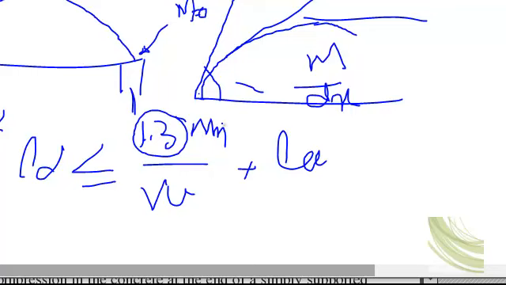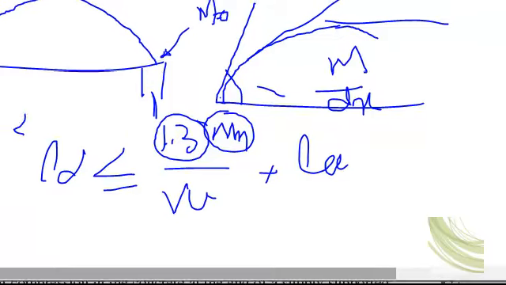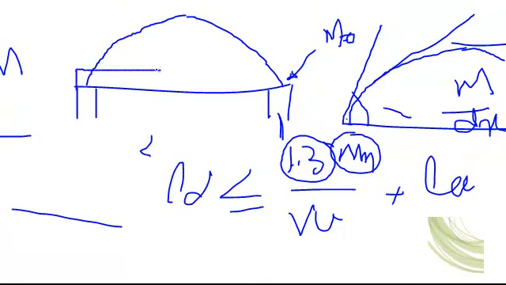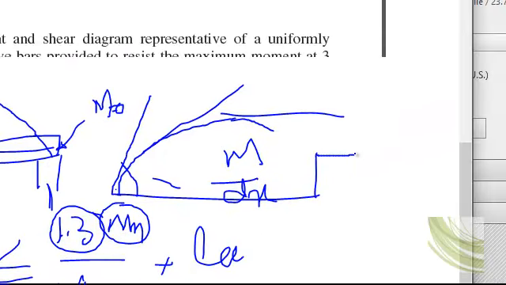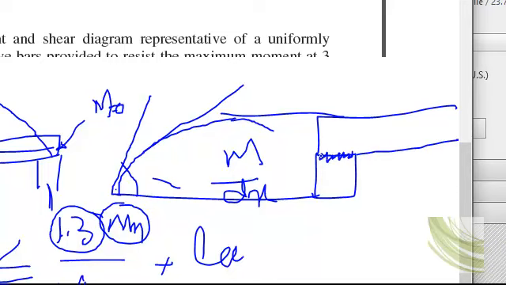It increases the amount of nominal moment because at the support in a simply supported beam, a kind of compressive force develops due to the bearing stresses. You must know that when you provide a support to a beam like that, this is the bearing area, and in this bearing area there are bearing stresses.